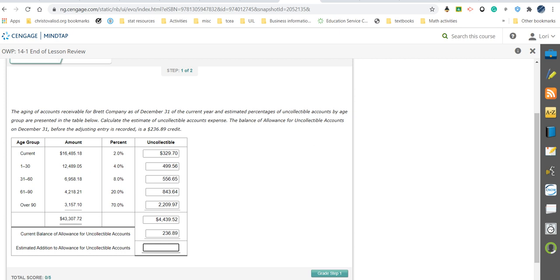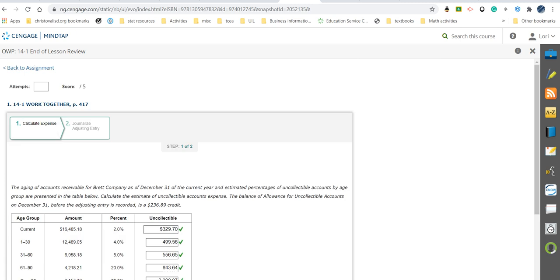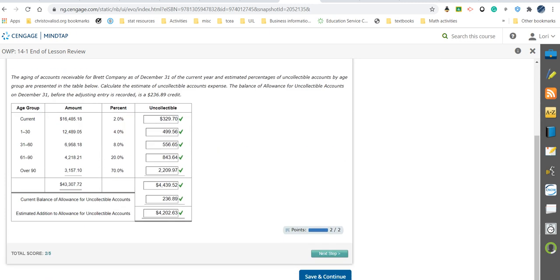But again, this accounting book tends to give us the nicer end of things, so we're going to usually start with a credit. I don't think there's a time right now in this lesson that you're going to have anything else. So when you subtract them, you get $4,202.63. And then we're going to go ahead and grade that and check our answers.